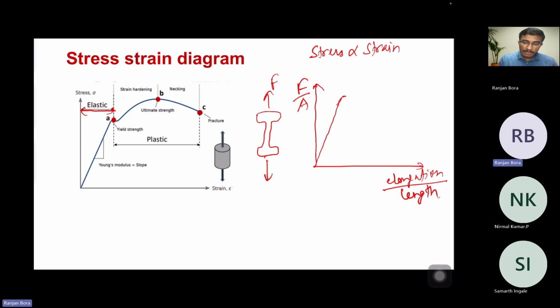We call this point the yield strength, where the material changes its property from elastic to plastic state.